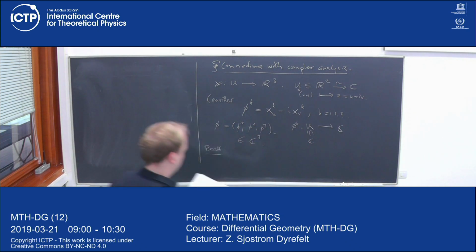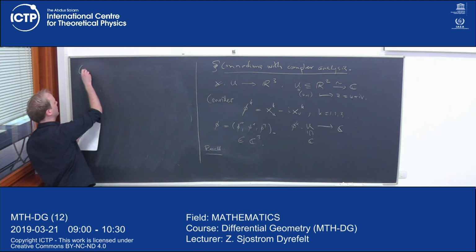So each such phi k is holomorphic. What does it mean? We recall the Cauchy-Riemann equations.